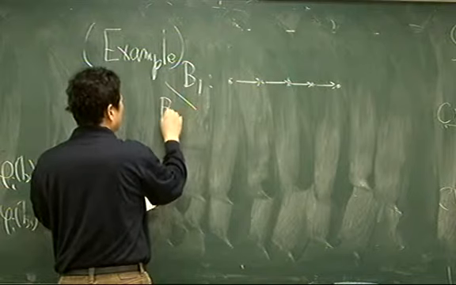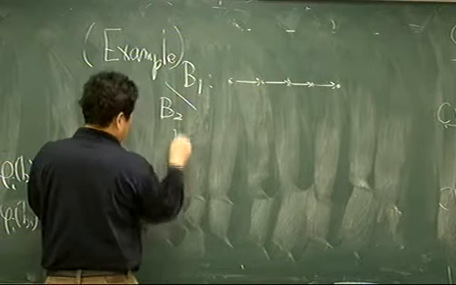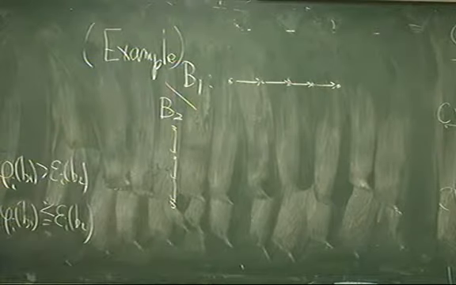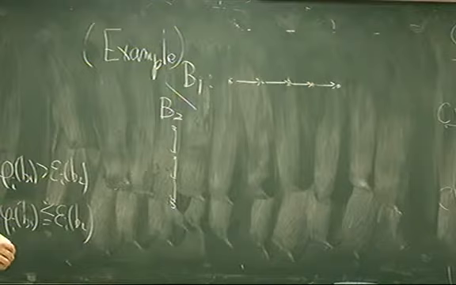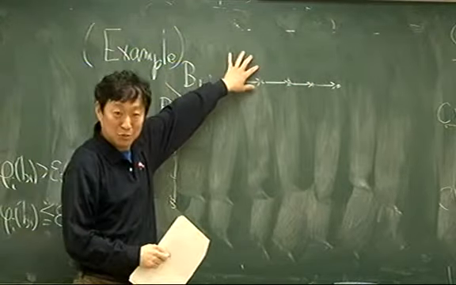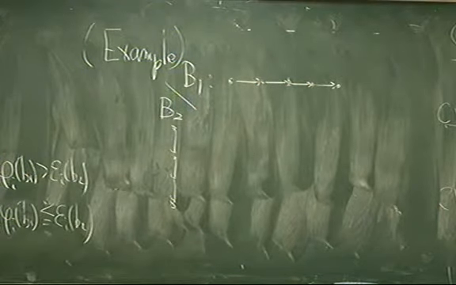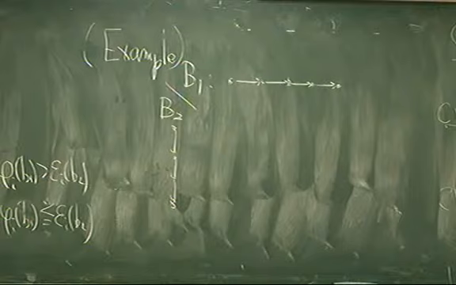Here is B2. Usually, when you make a multiplication table over any finite group, you would consider B1 times B2.